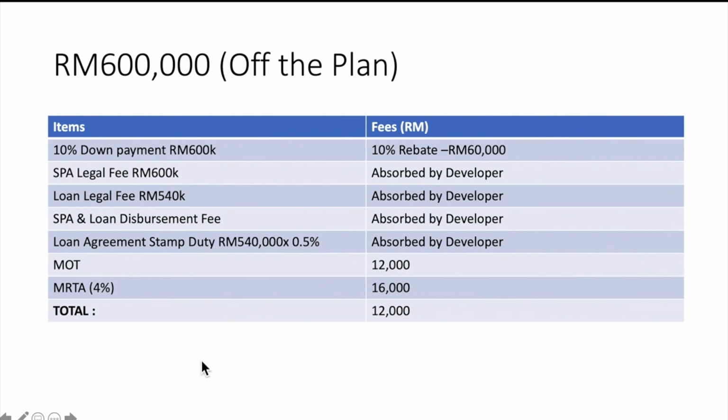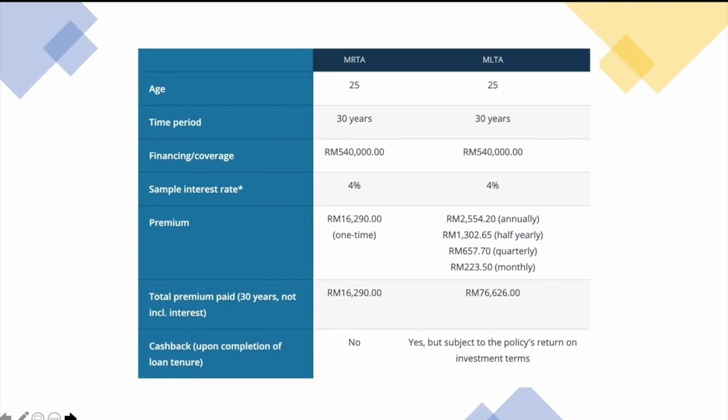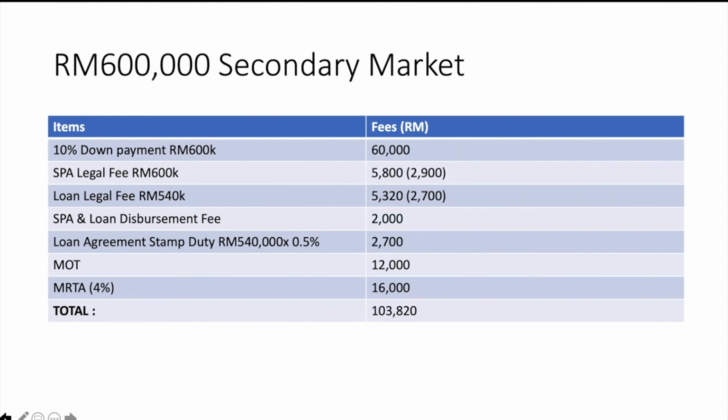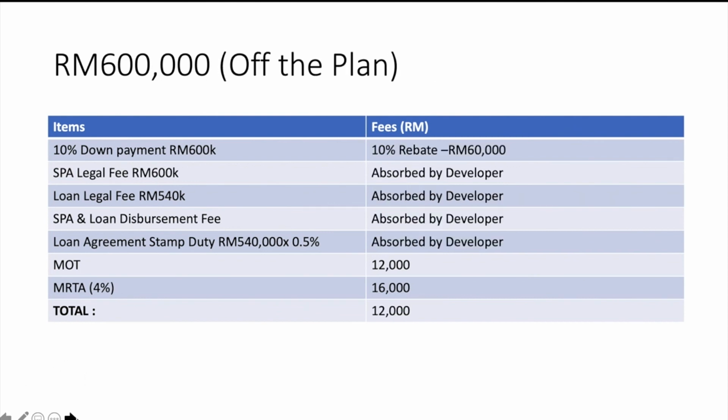All right, so let's look at the MRTA right now. So that's the main difference between buying a ready property and also off the plan a new property from developers. They will save a lot of costs, and in terms of cash flow, they have more things that they can plan.